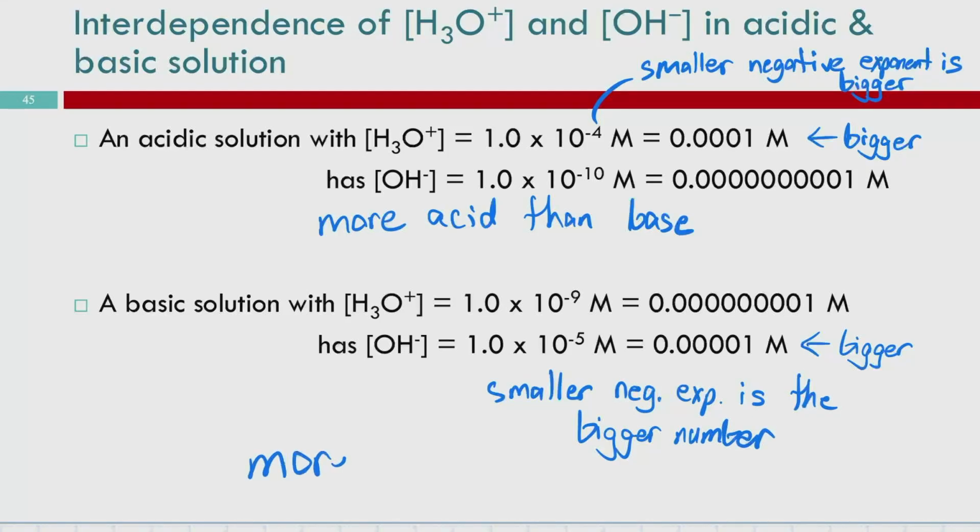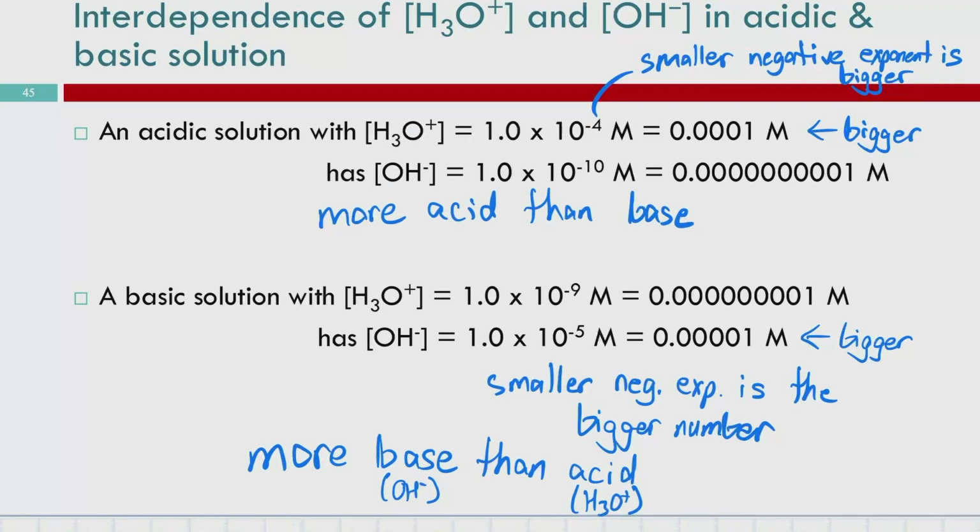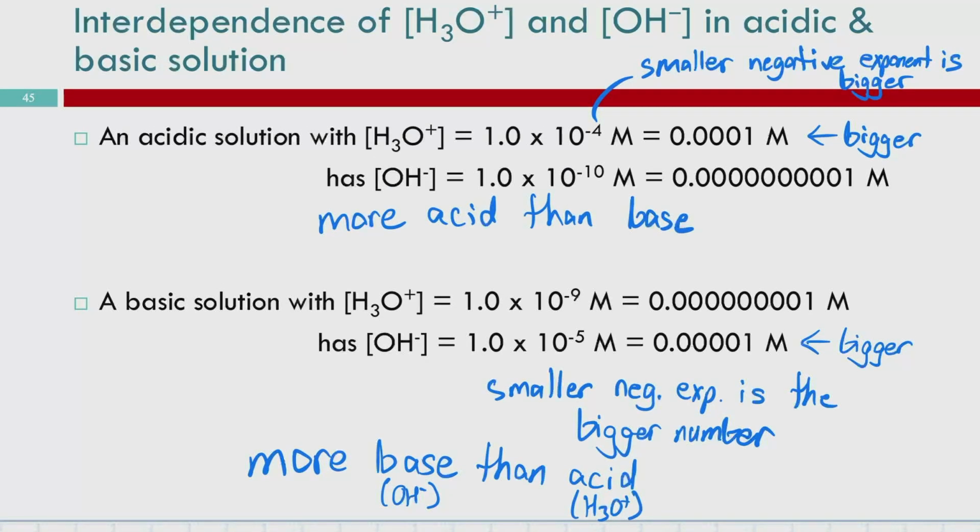And it's basic because it has more base, hydroxide, than acid, hydronium. Do you have questions about exponents? Why one of those numbers is bigger than the other? These are just made-up solutions.